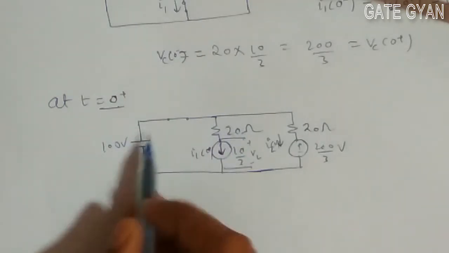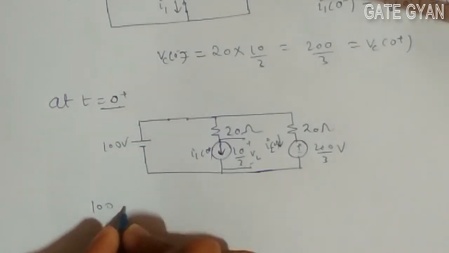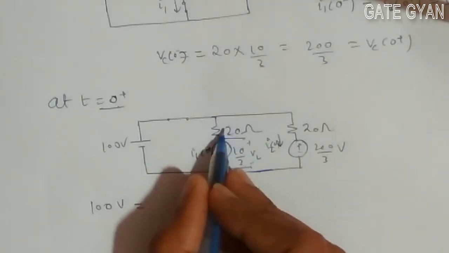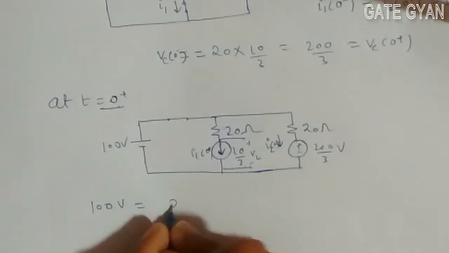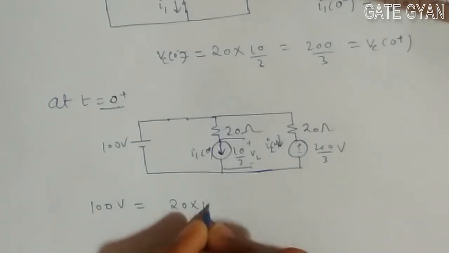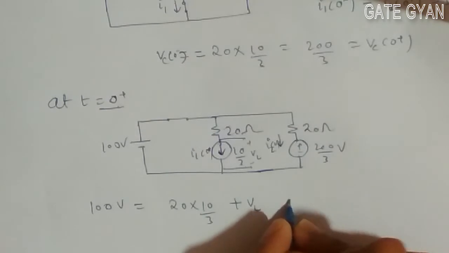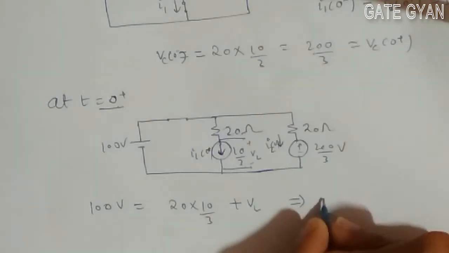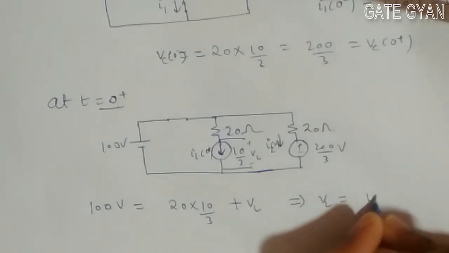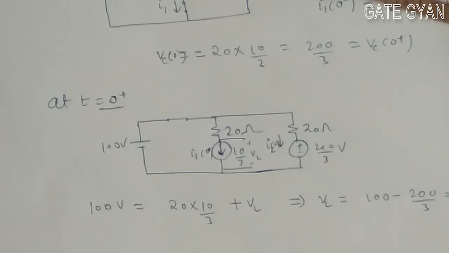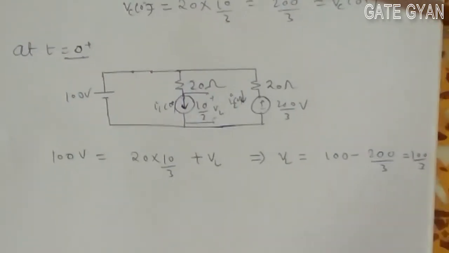So I can write my 100 volt as equal to the voltage across this resistance, which will be given by 20 into 10 by 3 plus VL. From here I will get VL as 100 minus 200 by 3, which will be 100 by 3.